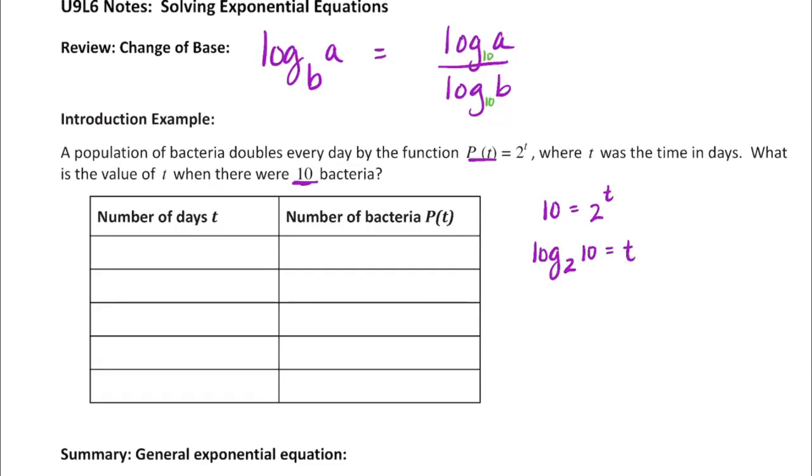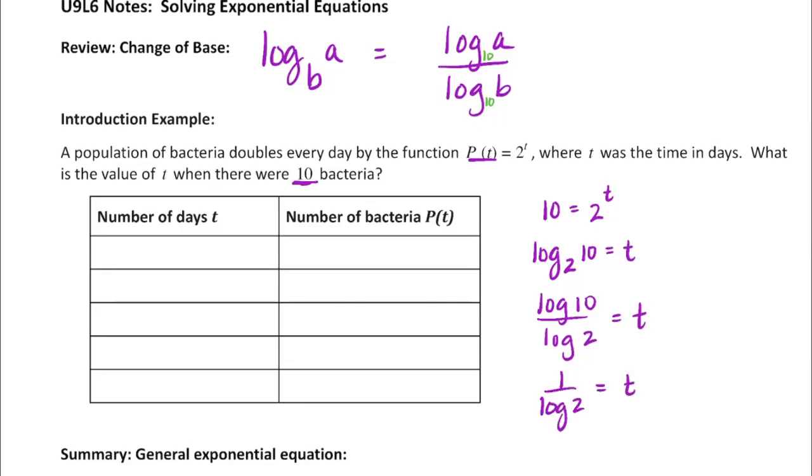And now we'll use that change of base because this is not base 10. Log 10 over log 2. Log 10, remember the base is 10, so you're asking 10 to what power is 10, so that'd be 1. You don't have to know that right off the top of your head, but that is something to look for and recognize.